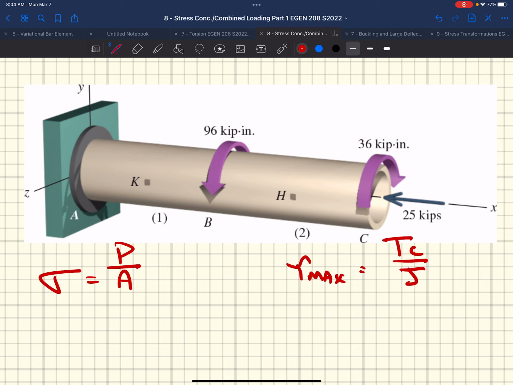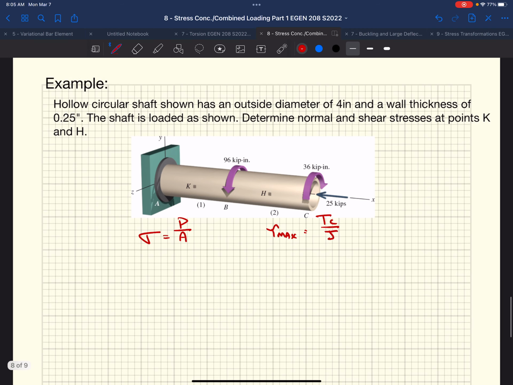This isn't a trick question. Yeah, exactly. We need to know what forces are acting at K and at H. We need to know these P and the T. C and J can be determined just from the dimensions, same with A. So we really need to know what T and P are. So I'm going to start this at point H.